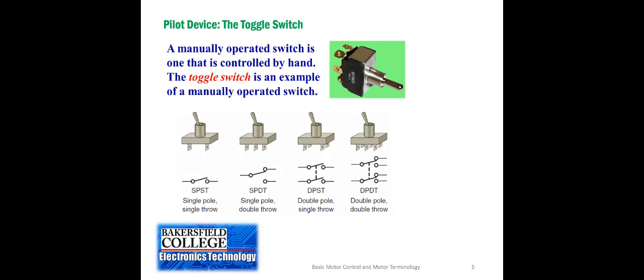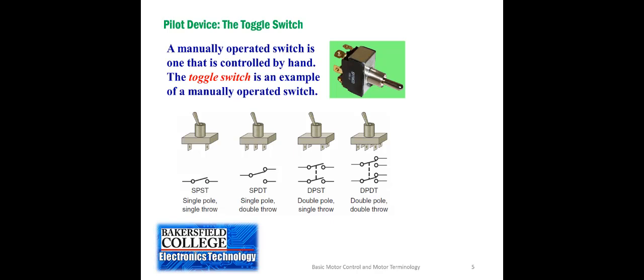And there are different configurations, as you've learned in basic electronics: single pole, single throw, single pole, double throw, double pole, single throw, and double pole, double throw, among many different types. So the poles are considered the input side, although you can use a single pole, single throw either direction and it doesn't matter.